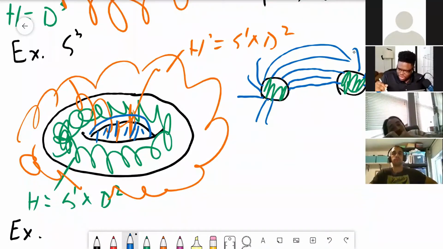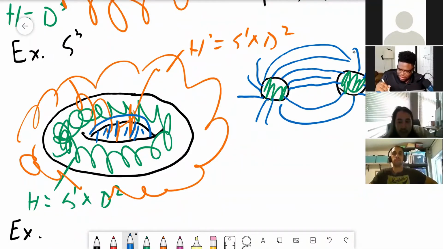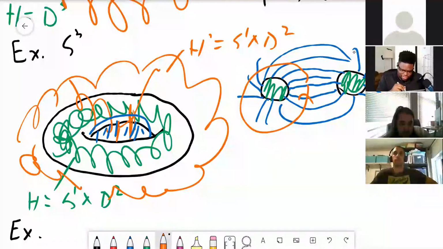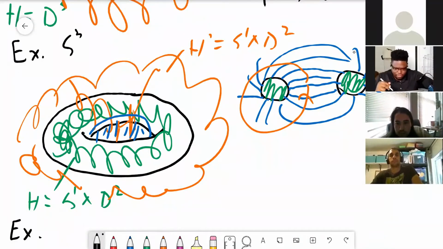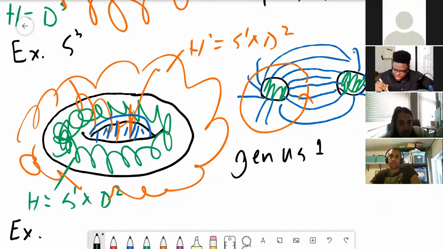Then we sort of start coming back over on the other side. So it looks like a magnetic field. You can see we get a whole S1's worth of disks. Right. So it actually is a solid torus. All right, so here's a genus 1 Heegaard splitting of S3.